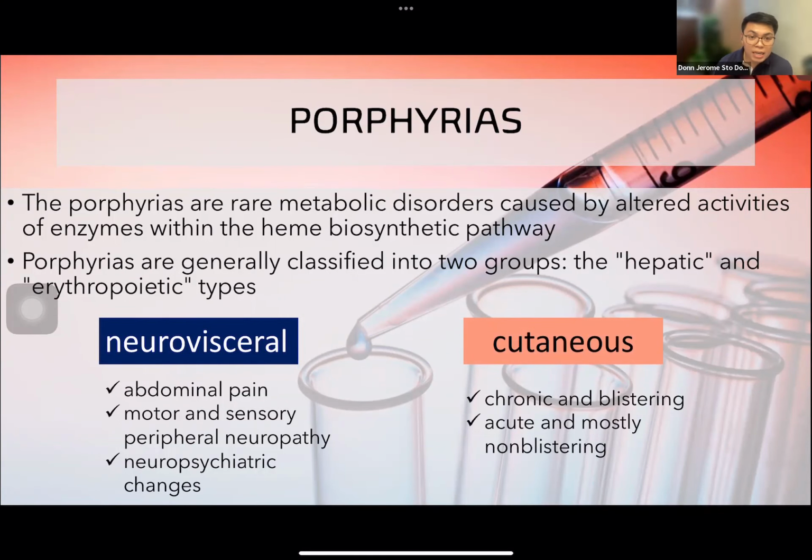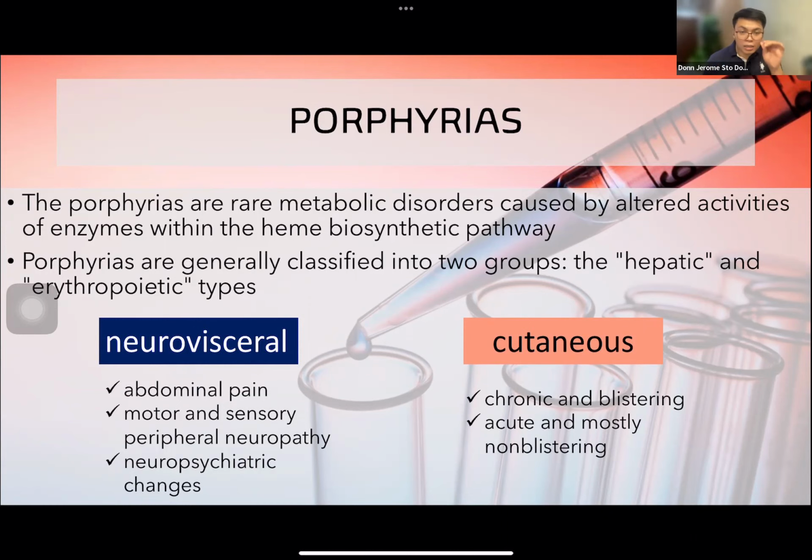Manifestations of porphyrias can be either neurovisceral, which include abdominal pain, motor and sensory peripheral neuropathy, and neuropsychiatric changes, or cutaneous, which are chronic and blistering, or acute and mostly non-blistering.